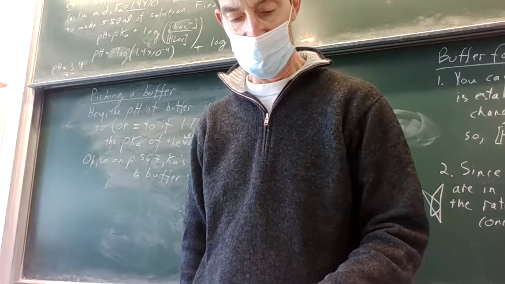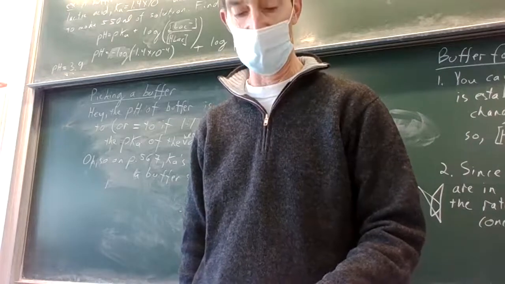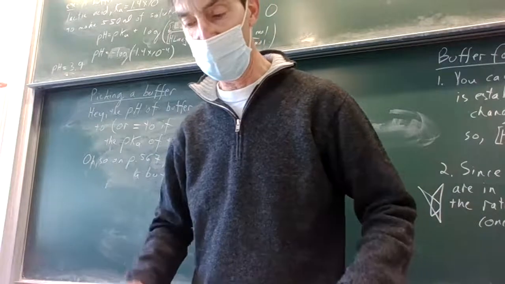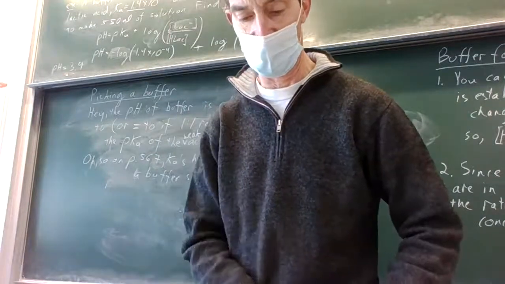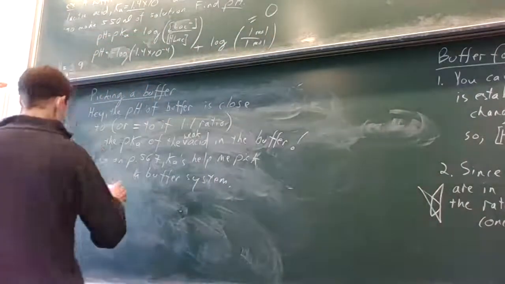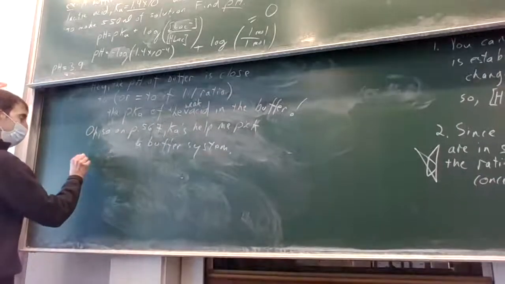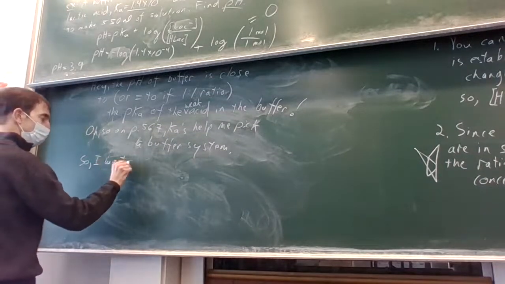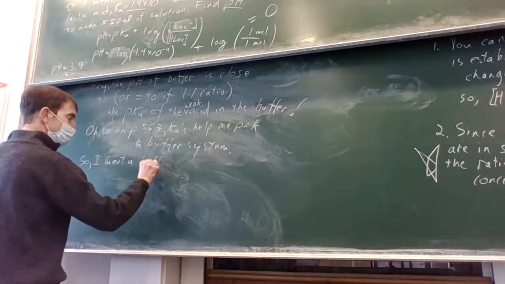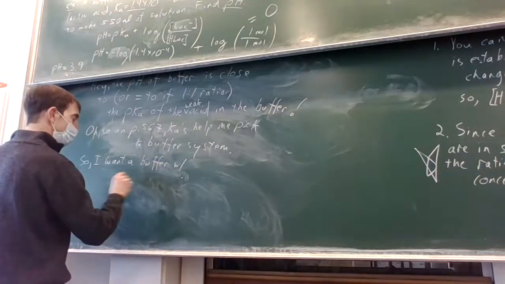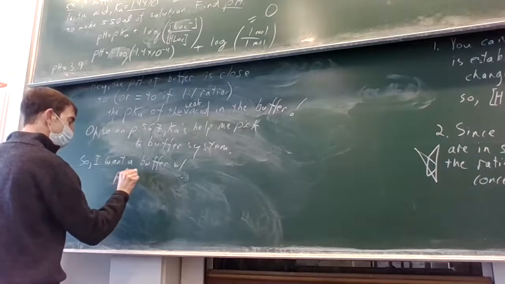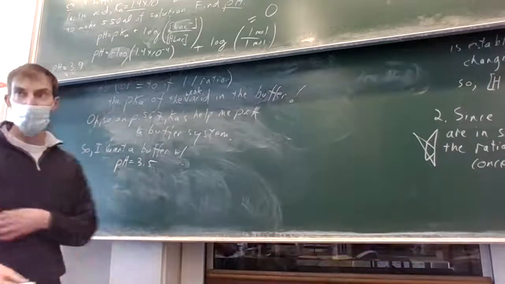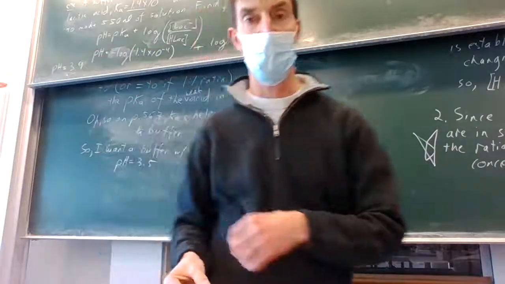Can you guys find me one by taking the negative log of a couple of them there? So let me repeat that and write it, and you're going to need your calculator for this. 3.5. Give me a system to use.